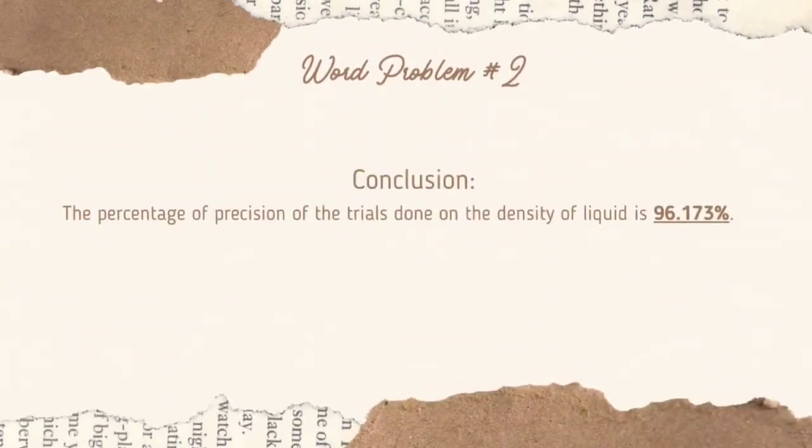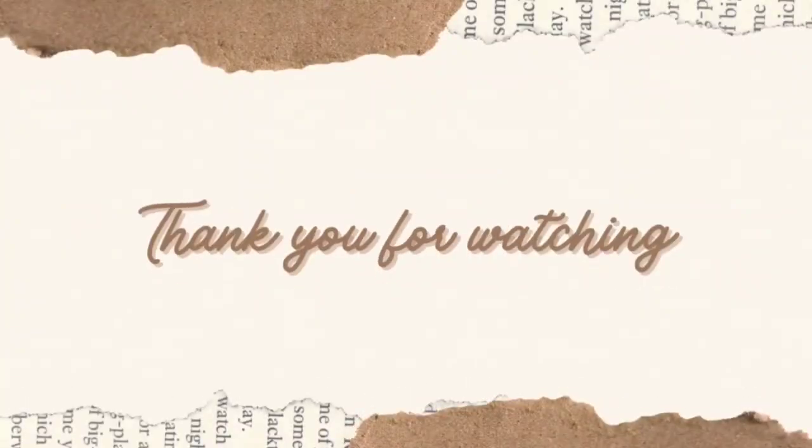And finally, we have our percentage of precision. The percentage of precision of these measurements done on the density of the liquid is 96.173, or 96.17%. So as our conclusion, we acquired 96.17% as our precision. And we are done.